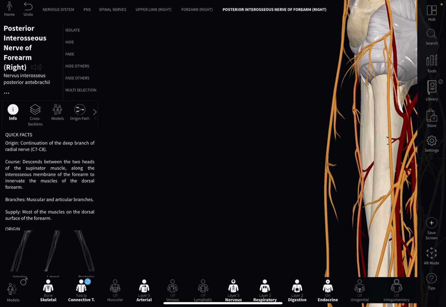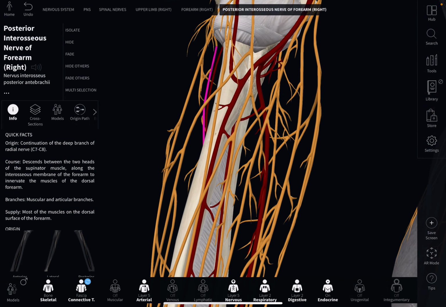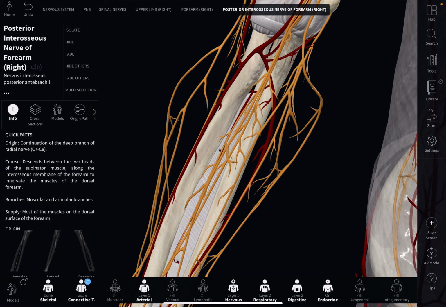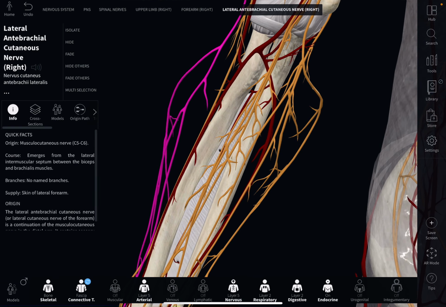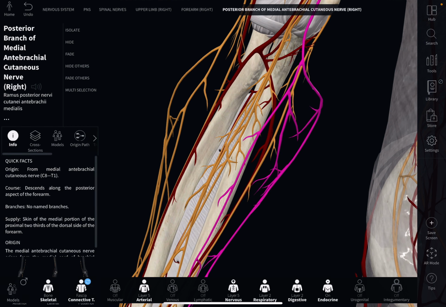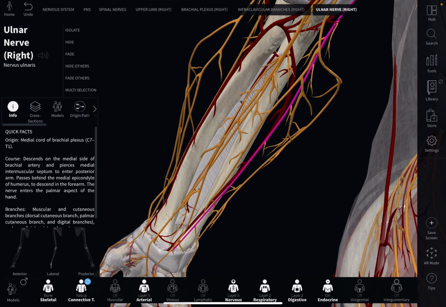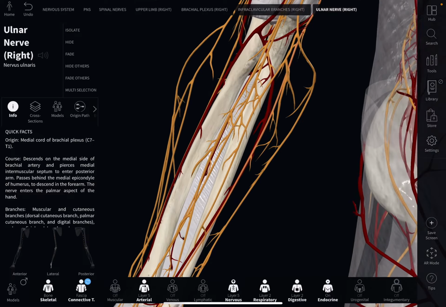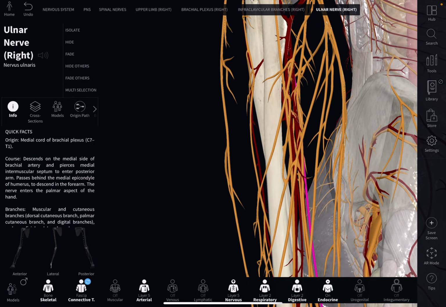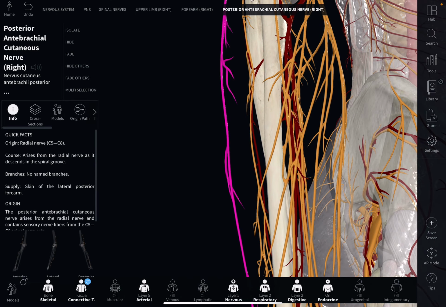Apart from these three, all the other nerves that we see in the forearm are cutaneous nerves. For example, this is the lateral cutaneous nerve of forearm, then we have the posterior branch of the medial cutaneous nerve of forearm, and along the posterior aspect there would be the posterior cutaneous nerve of the forearm.